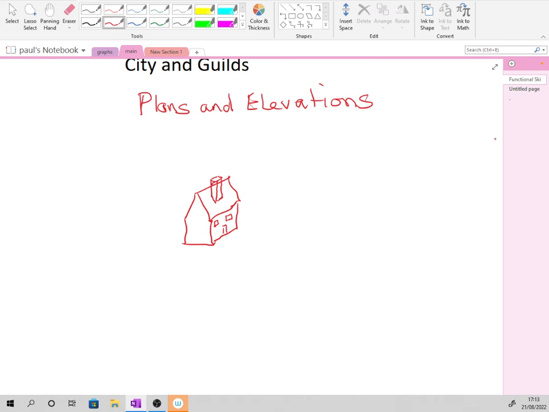I'll do it in stripes so that we can see that. Okay, so this is a three-dimensional object, and we need to imagine we are looking at this object from different angles.